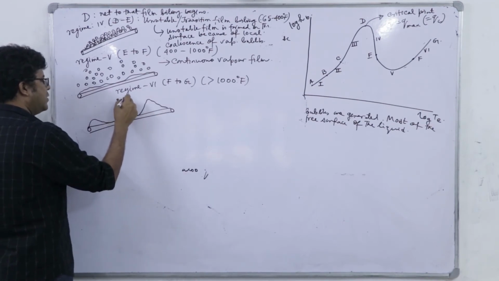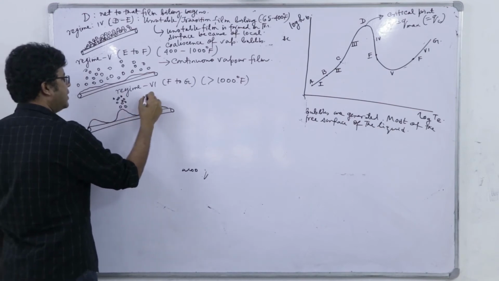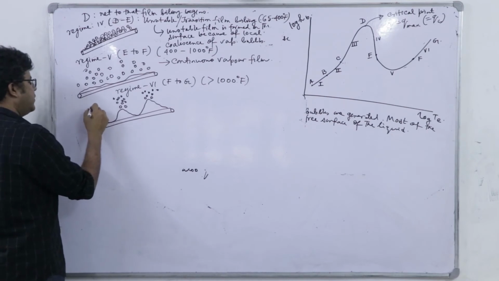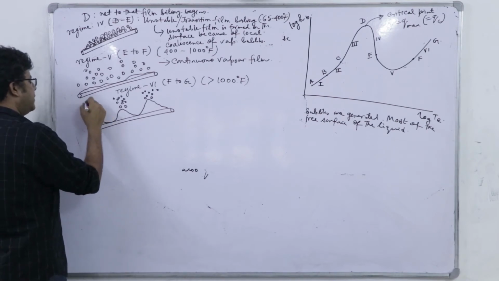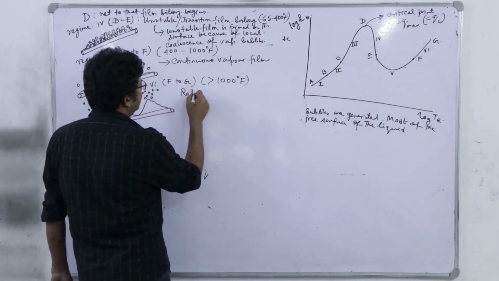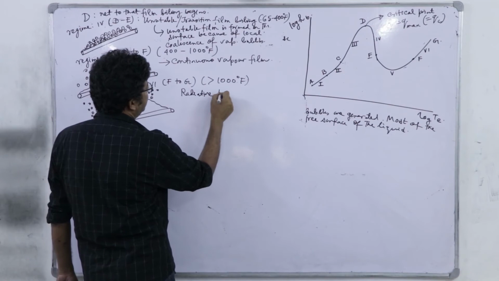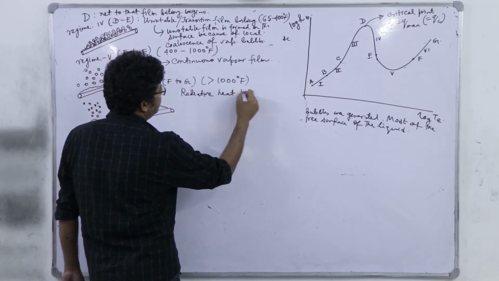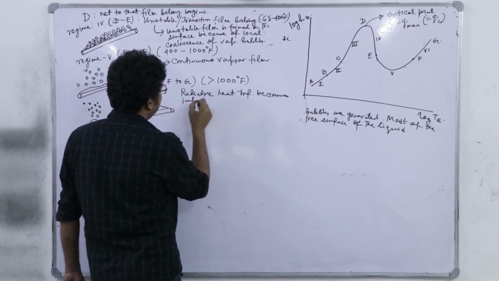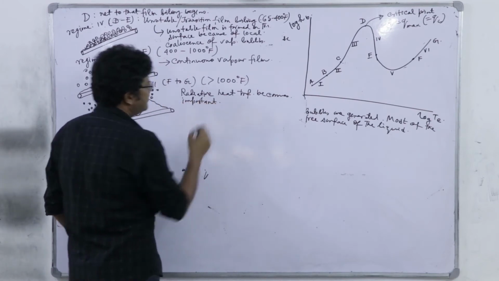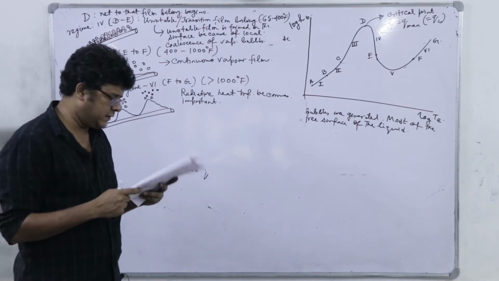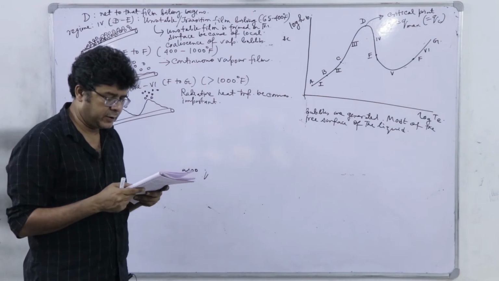The film definitely is stable, but there are convex regions from which we have this bubble generation. And here in this region, radiative heat transfer becomes important. Okay. So, over this region radiative heat transfer is important.